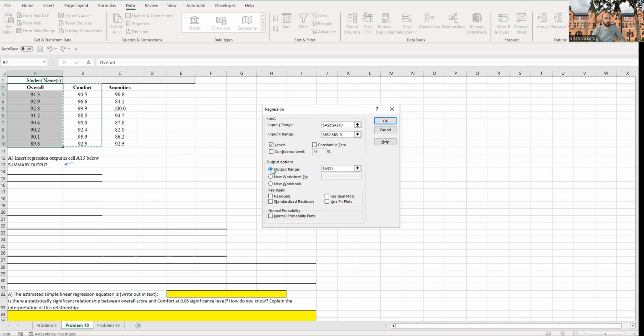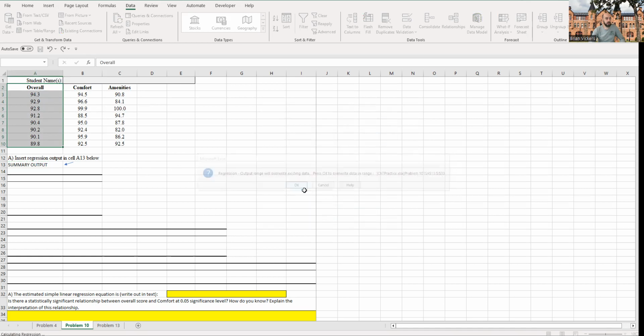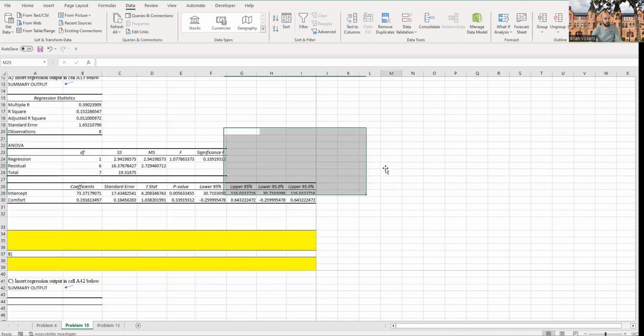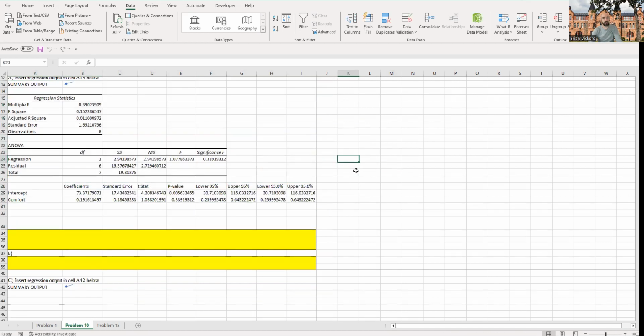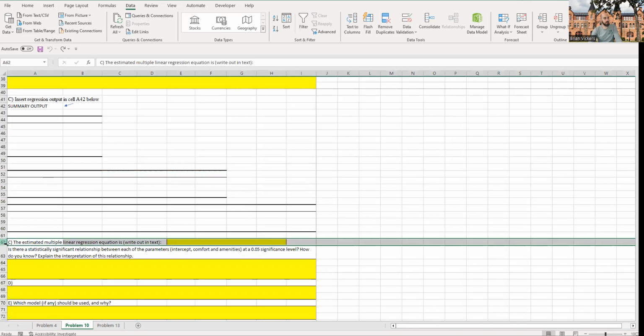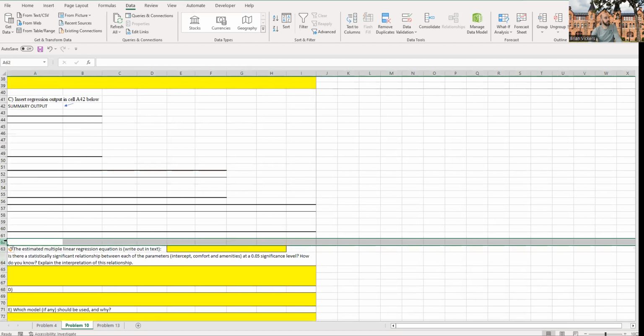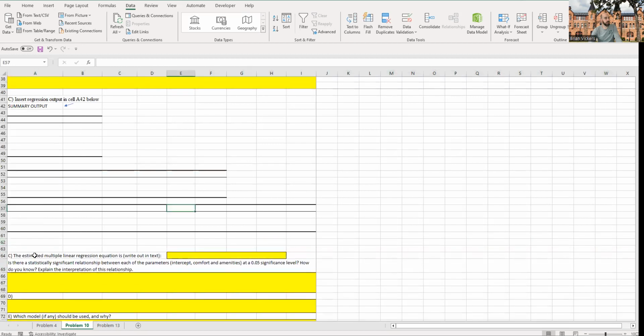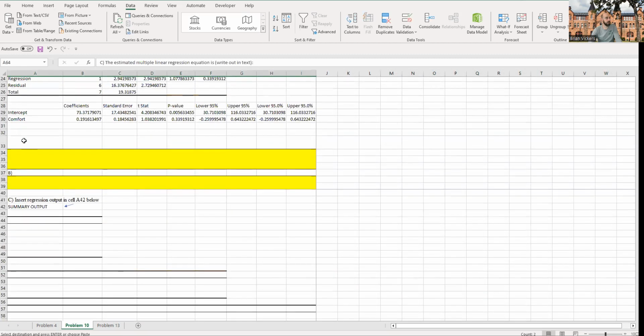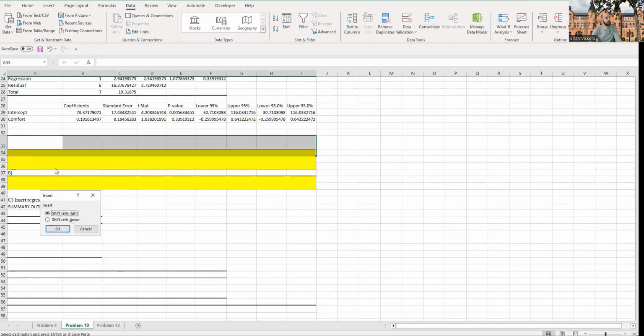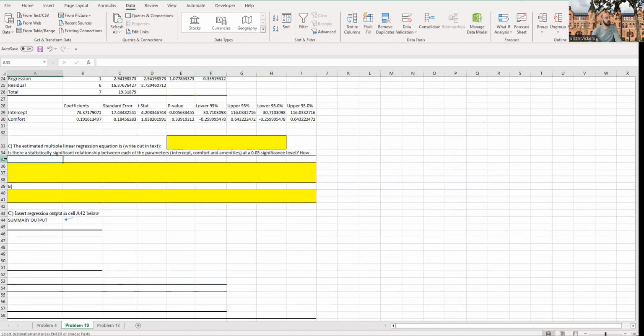Labels is selected, output summary range. I don't want it in A21 this time. I want it to show up in A13. And then I'm going to click OK. And yep, I ran into that problem right here. I can't undo it. One second. What I did was I didn't move this down, and it deleted my pre-written stuff here.